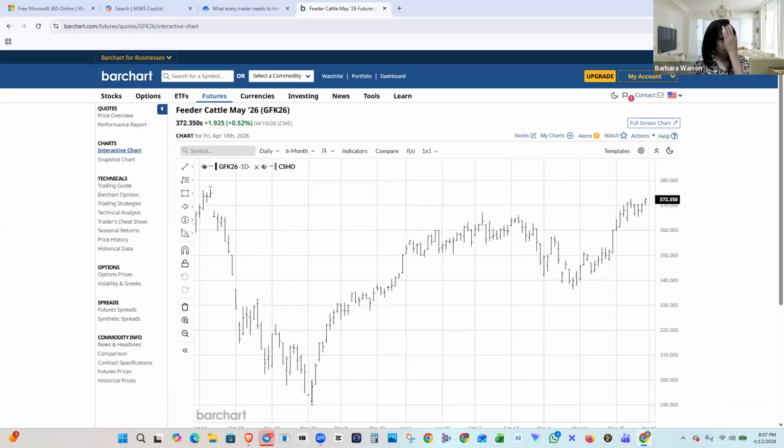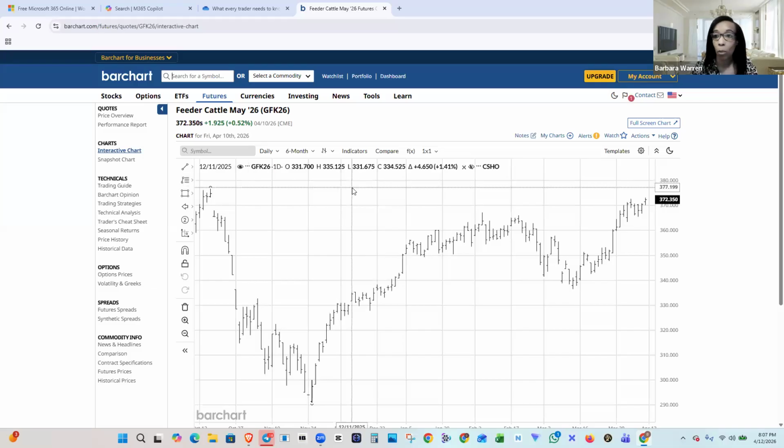Okay, so the first thing I think of when I come to a chart is my target, my profit, because that's going to determine whether I'm going to work this chart up or not. That's the first thing. Because if your target and profit is not in the right spot, then that tells you you have missed the first opportunity, but you need to wait for the market to come back to you.